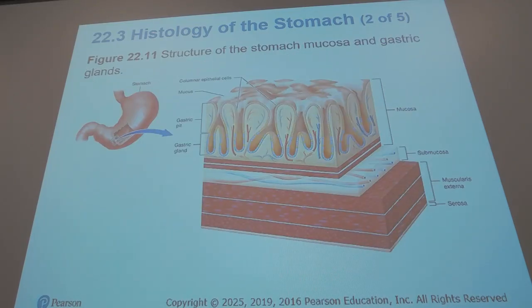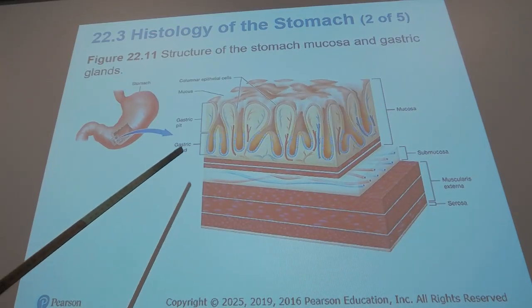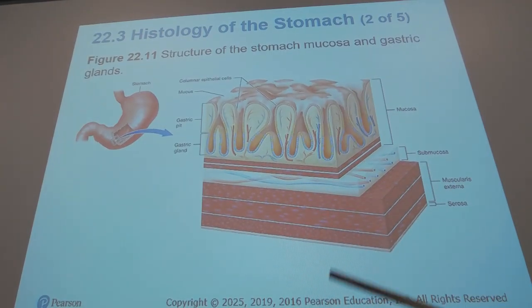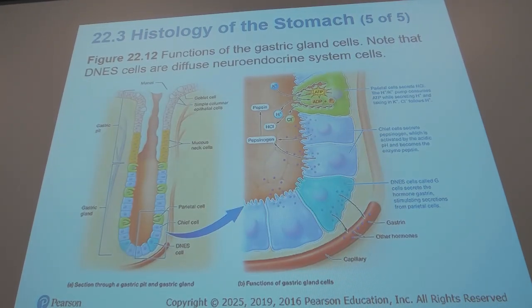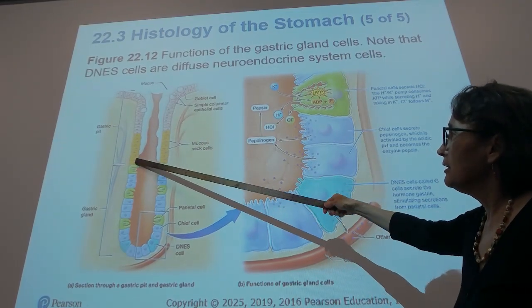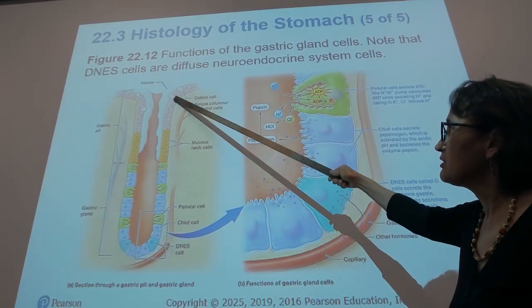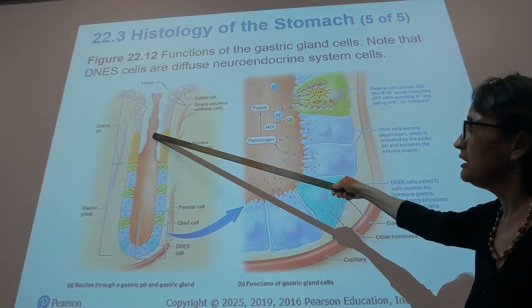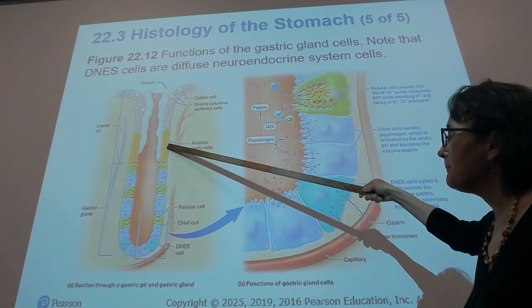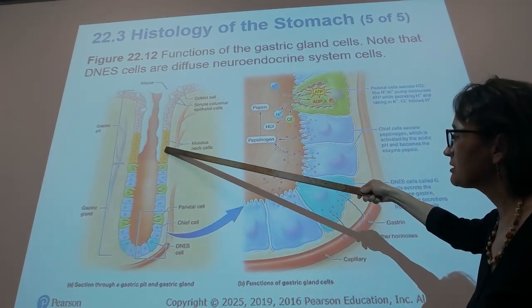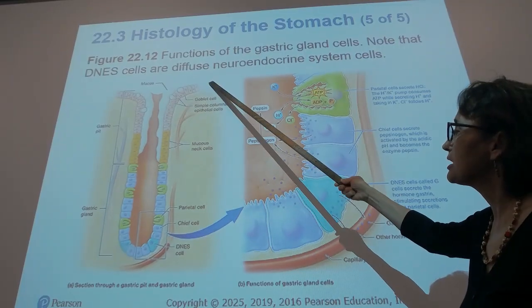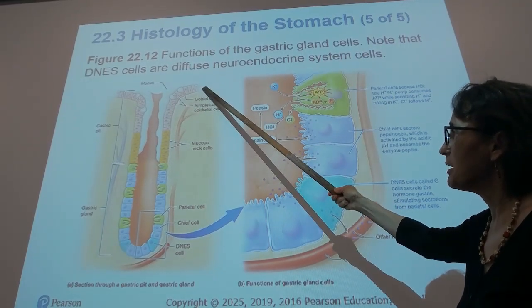Now, we're going to magnify these gastric glands and this area, so you can see the components of the cells of the epithelium. So if you magnify that region, then you end up with these cells of the gastric pit, and in the neck of this gastric pit, or this area, that's where you have mucus cells that secrete the mucus together with these superficial mucus cells in this superficial area.